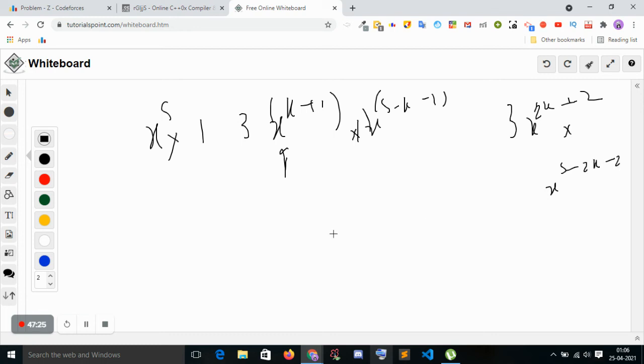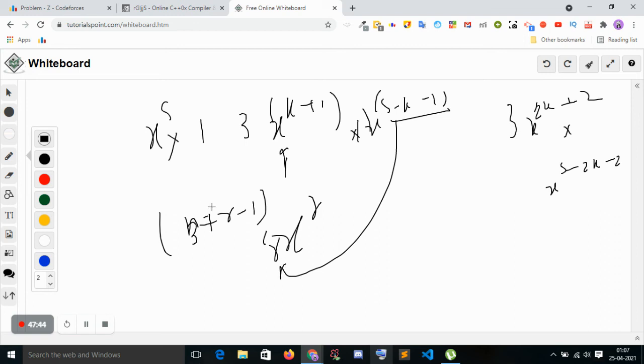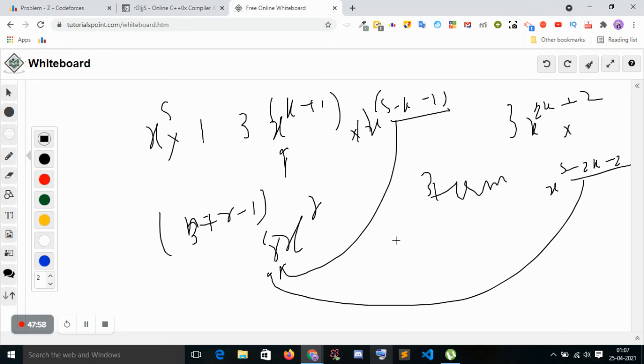And I say that for x to the power r, the formula is simple: n is our 3, here 3 plus r minus 1 Cr. If I want to find this one, just change r to s minus k minus r. And another thing, r minus 1, because there are three terms, so 3 minus 1 becomes 2.